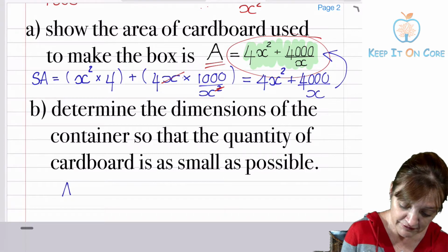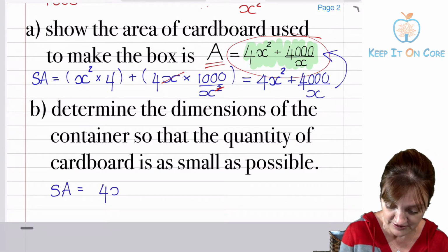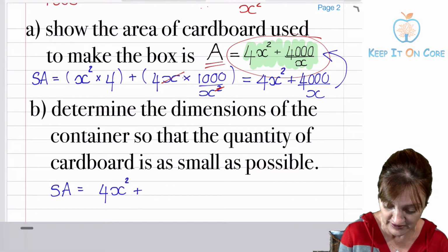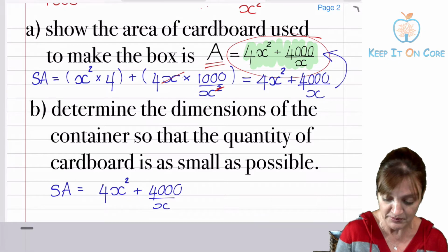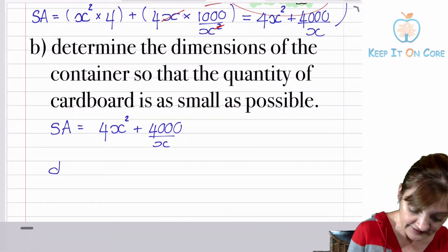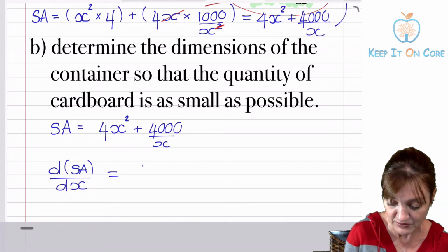So if the formula for the surface area of your cardboard is worked out to be 4x squared plus 4,000 over x, then just like we've been doing in the previous examples, we are going to have to calculate the derivative of the surface area in terms of x, and we're going to have to let it equal 0.